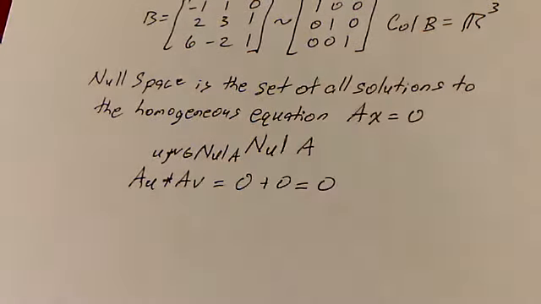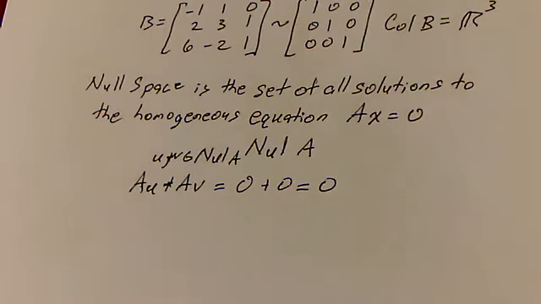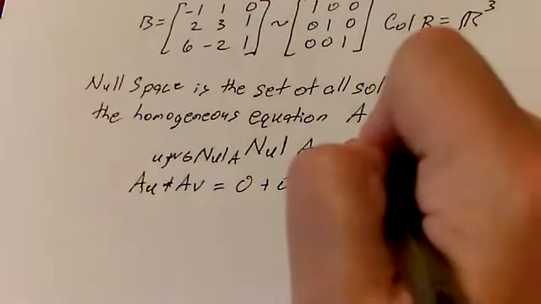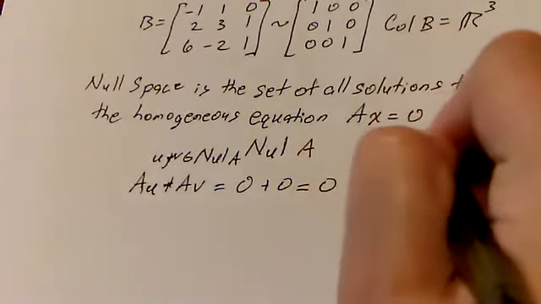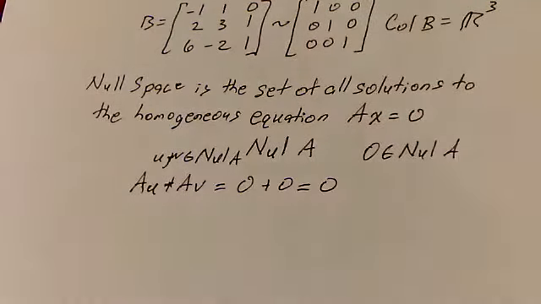And so I get 0 there. Clearly the 0 vector is in this space. 0 is definitely an element of null A because it's the trivial solution. So clearly it's a subspace, meeting all those criteria without too much worry.